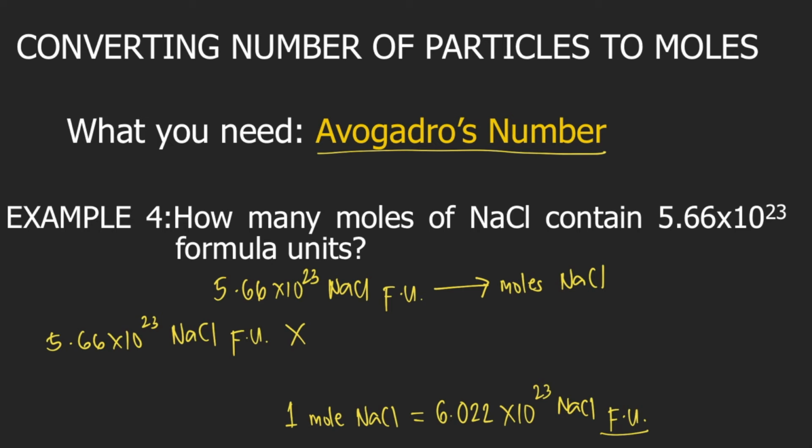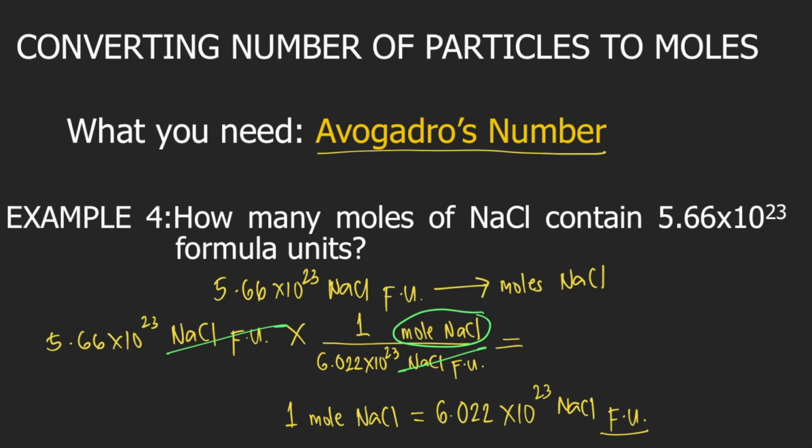So if you want to cancel formula units, you will put formula units on the bottom, and on top you put moles of NaCl. So 1 mole of NaCl is equivalent to 6.022 times 10 raised to 23 NaCl formula units. So formula units will cancel and the unit becomes moles.